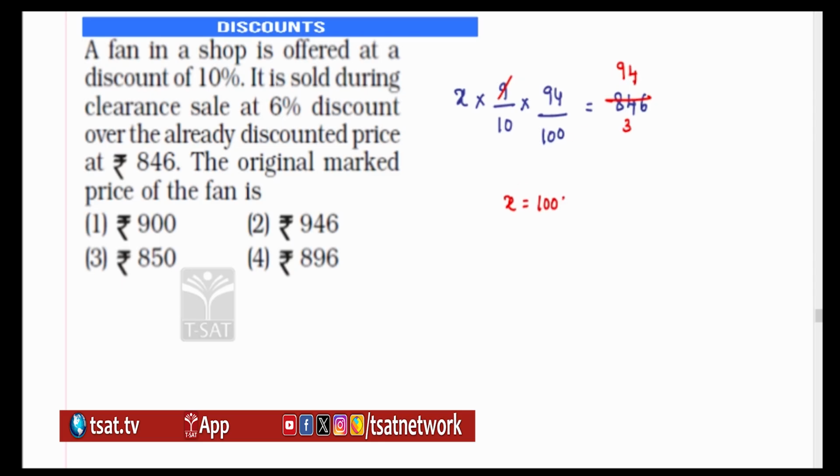So your MP is equal to 1000. Don't take these answers into consideration. So it is 1000. Actually you are giving 10% discount initially, therefore 900 becomes your second marked price, before giving that 6% discount.